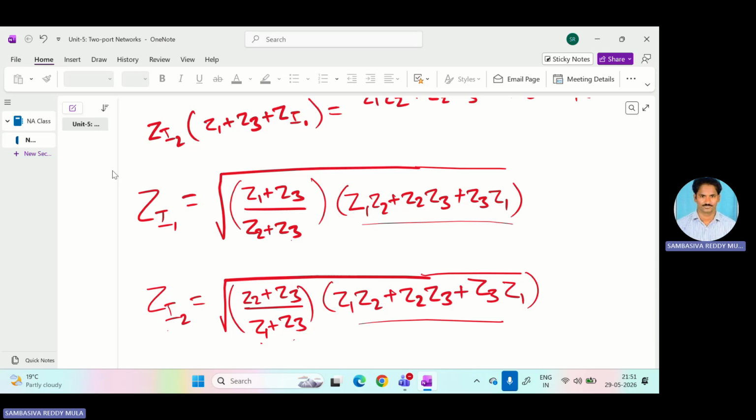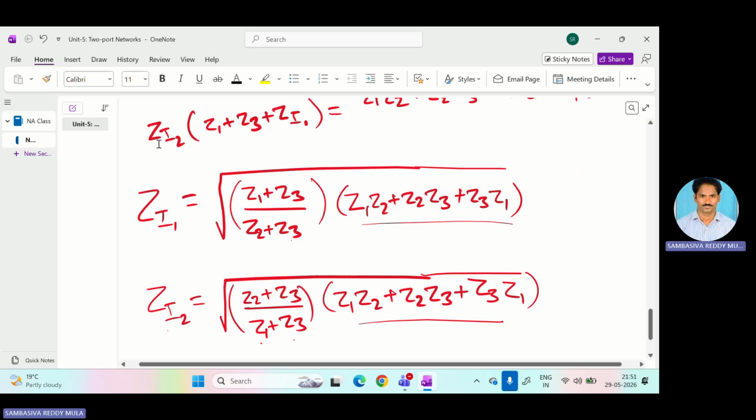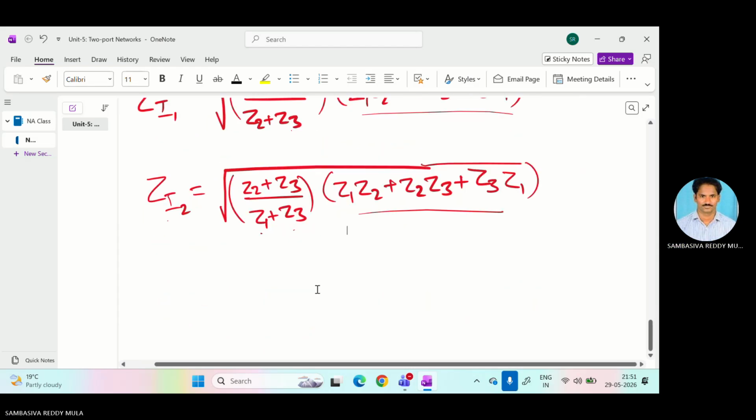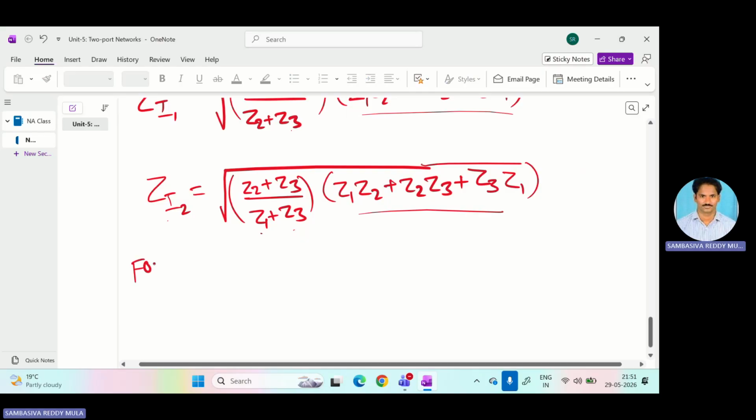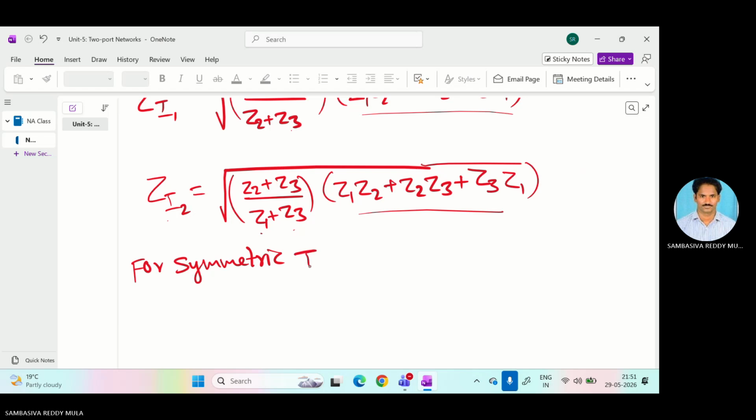For a symmetric T network, Z1 is equal to Z2, so this ratio gets cancelled.